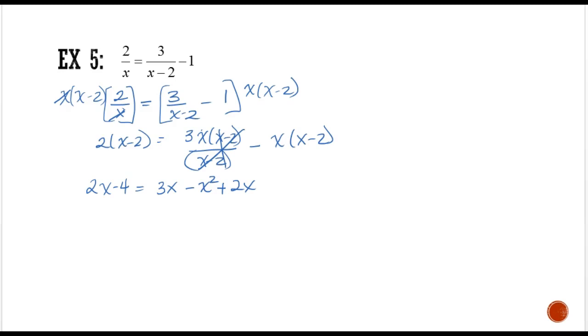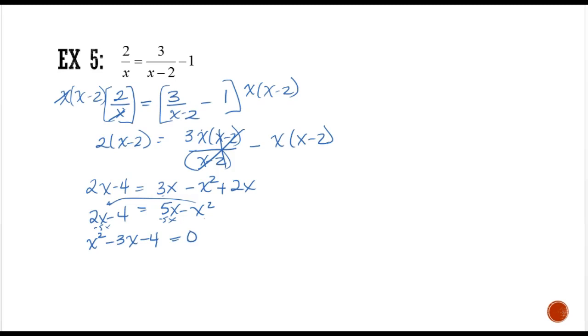So let's put our 3x and our 2x together. I get 5x minus x squared equals 2x minus 4. Now notice my x squared is negative over here, so I want to move that over here and make it positive. It's going to be x squared. And if I subtract 5x from both sides to move it up, I'll have negative 3x minus 4, and then it would be equal to 0, and we're in good shape.